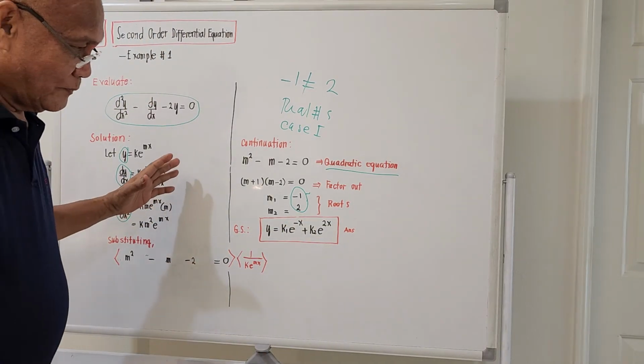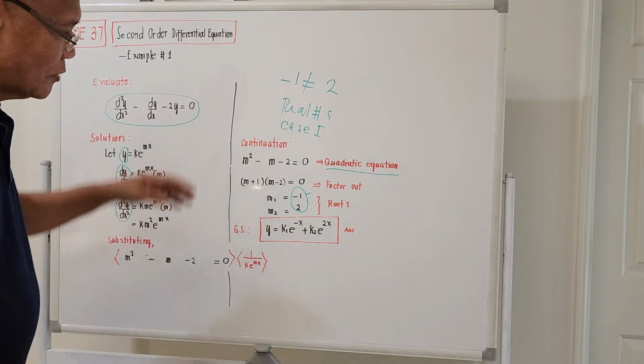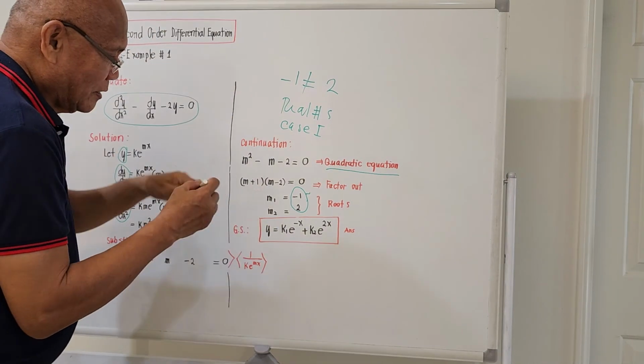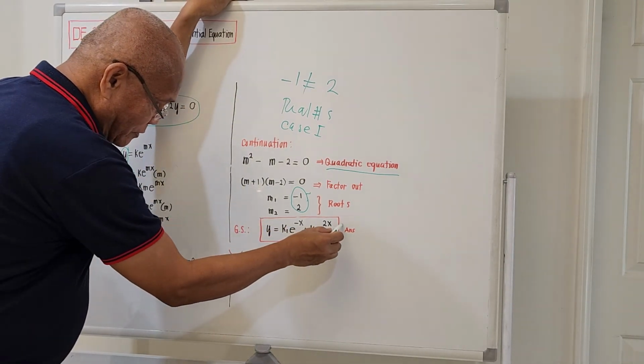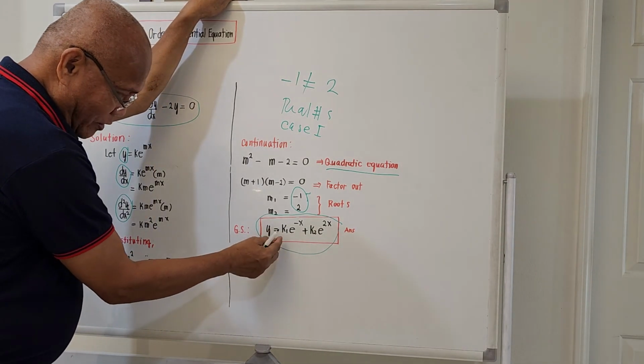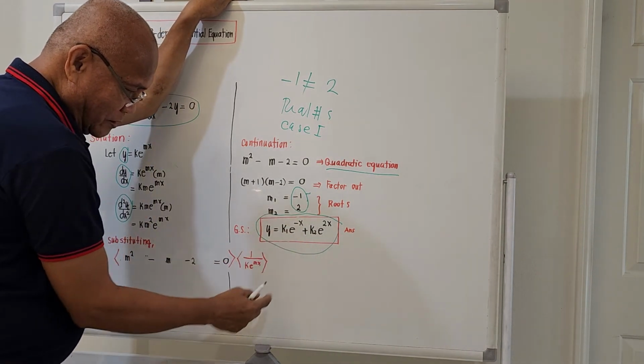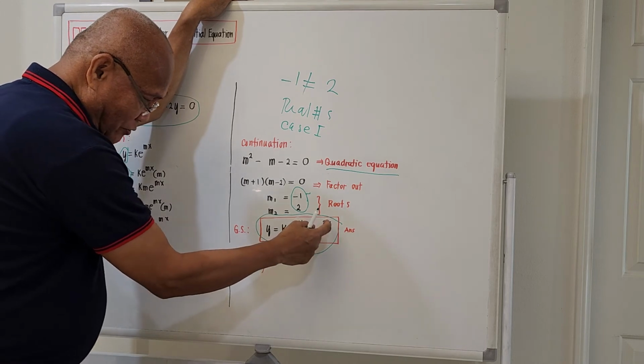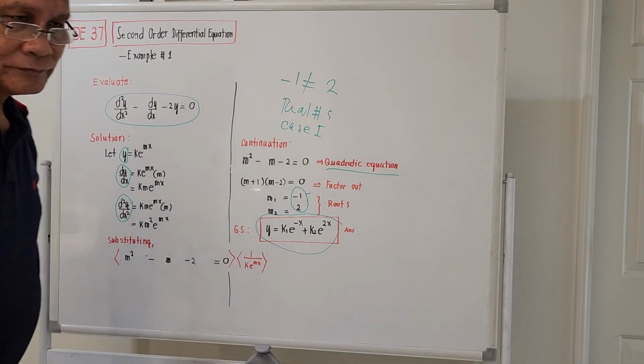After the substitution of the values of m1 and m2, this is now the resulting general solution: y equal to k1 e raised to minus x plus k2 e raised to 2x.